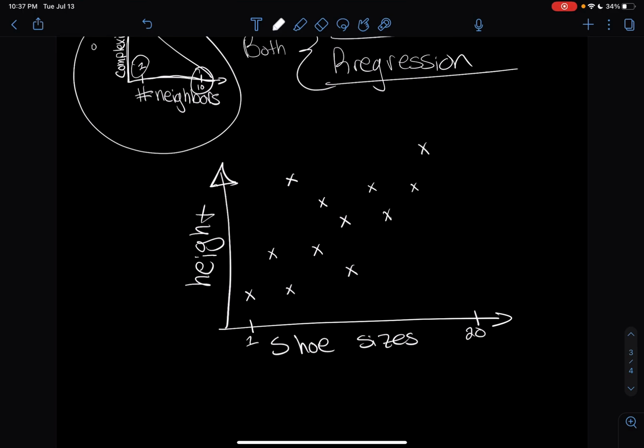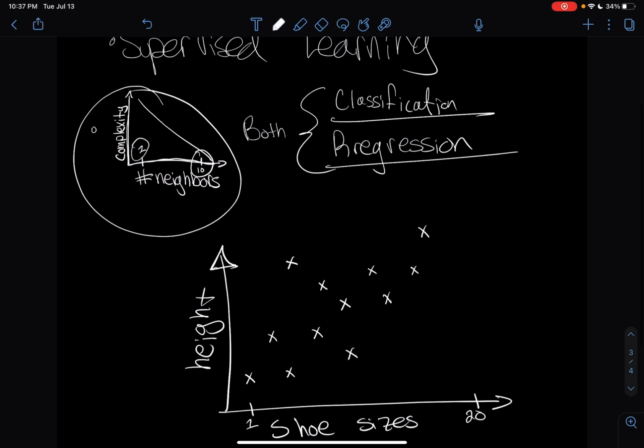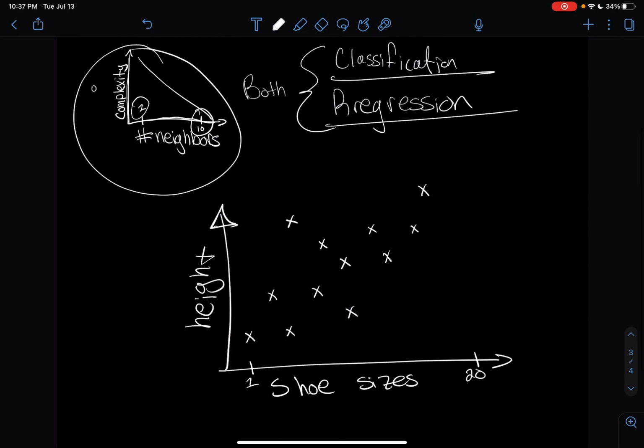But we want to use regression to figure out, if we introduce a new data point, either perhaps in the future, what is a size 21, what is the height of that person, or really anywhere in our data set, can we predict what that person's height would be? Right? Upside down triangle.